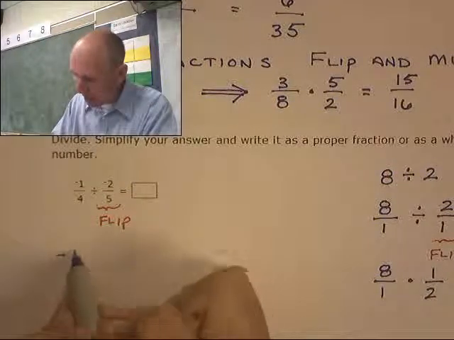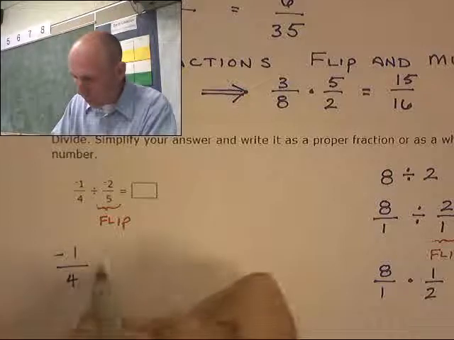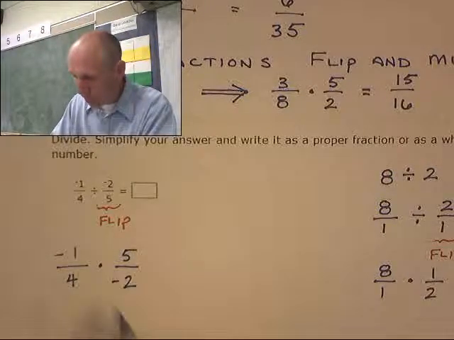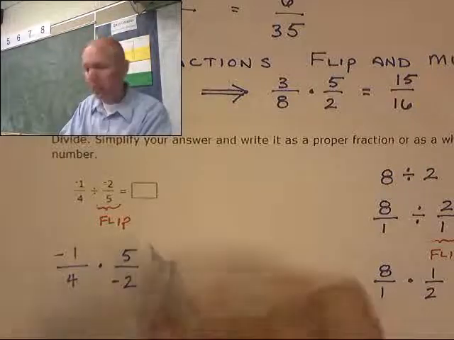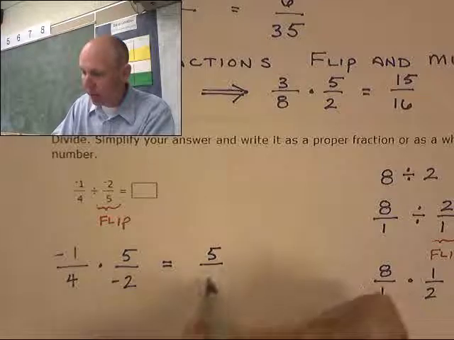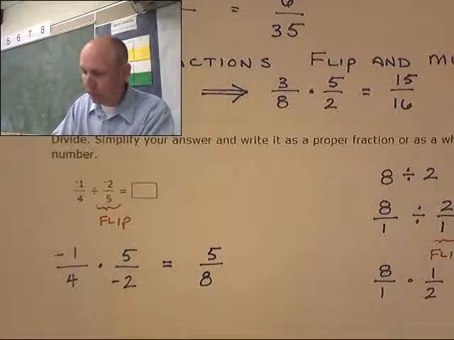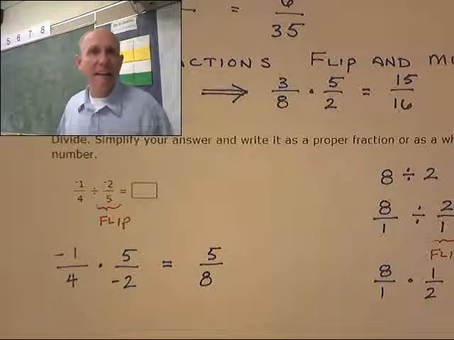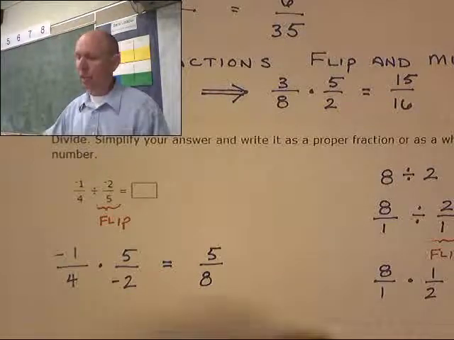That's going to give me negative 1 over 4 times 5 over negative 2. These are both negatives. A negative times a negative is going to be a positive. This is going to give me 5 over 8. Notice that I'm keeping track of the signs in my head. Negative, negative, it's going to be a positive when we multiply that.